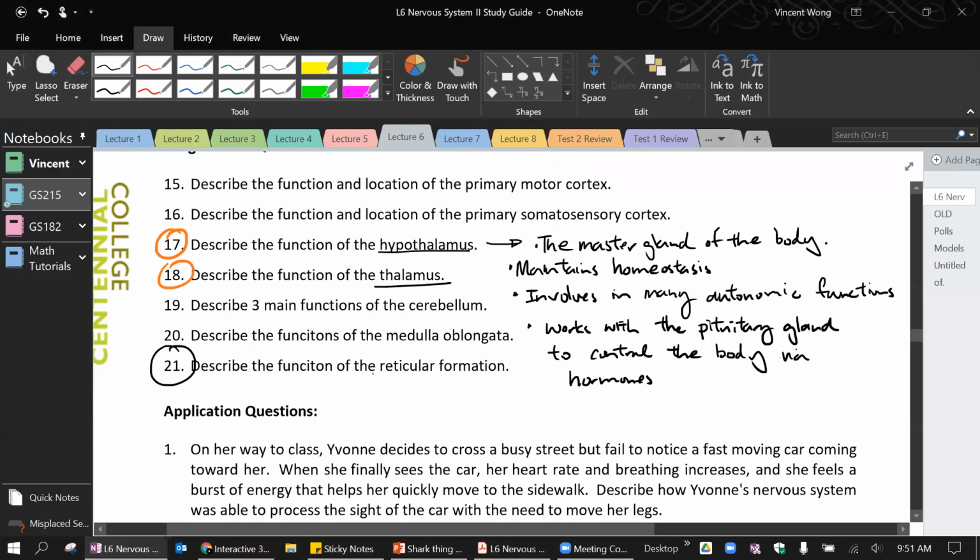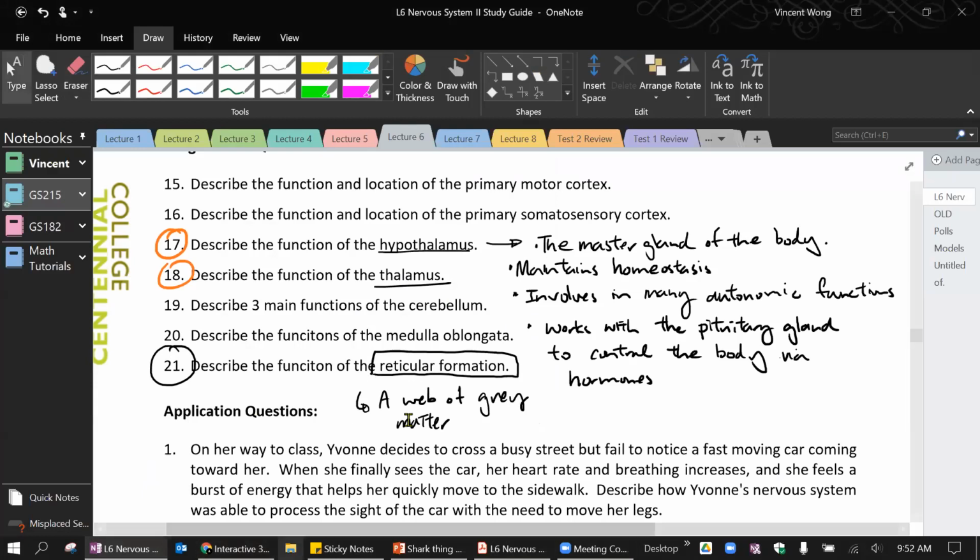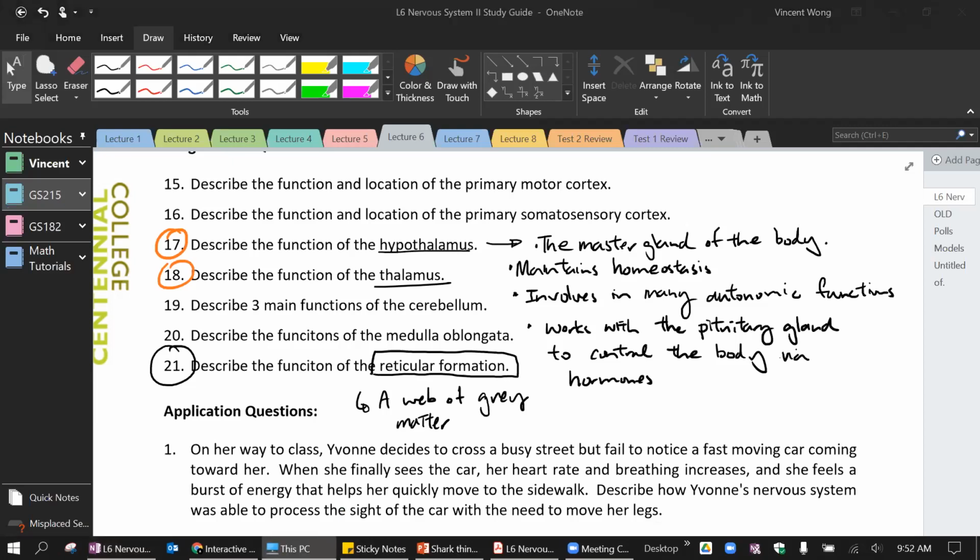Sierra has a request for number 21. Okay, so the reticular formation. This is a web of gray matter. Let me see if I can pull up the lecture notes to show you.